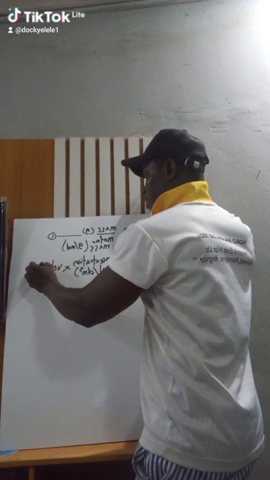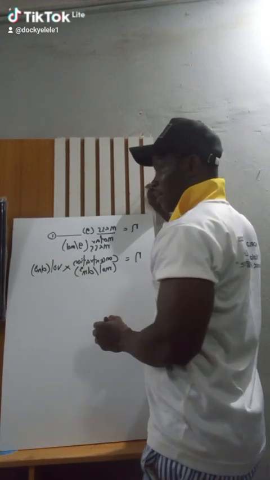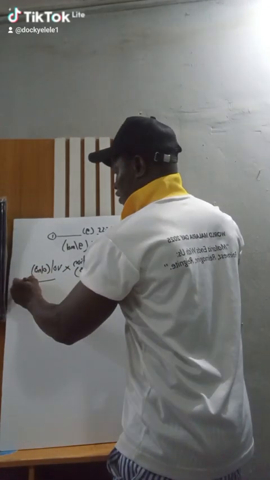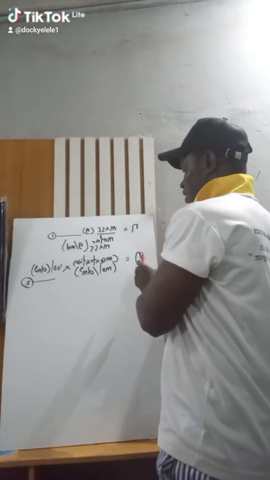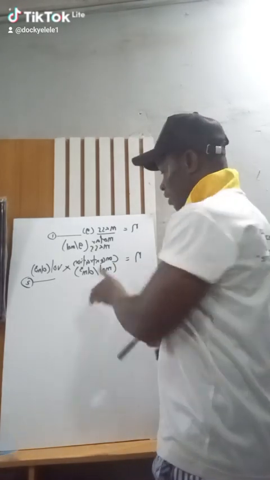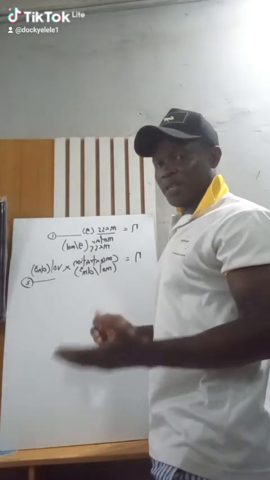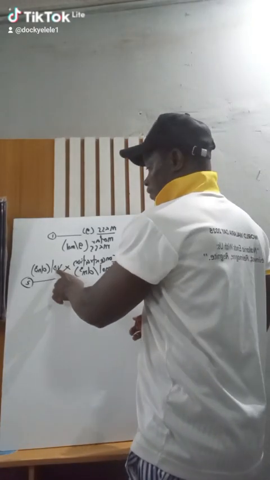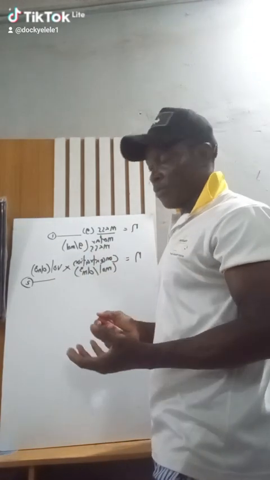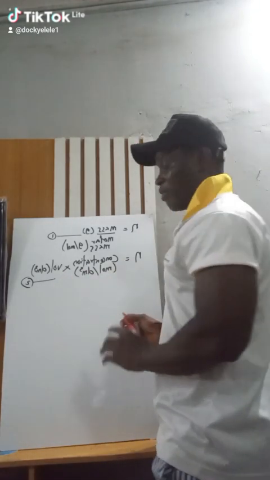This volume is in dm cube. Then you don't need to divide it by 1000. So this one, we call equation 2. It means number of moles is concentration measured in mole per dm cube times volume, and the volume is measured in dm cube. You don't need to divide by 1000.